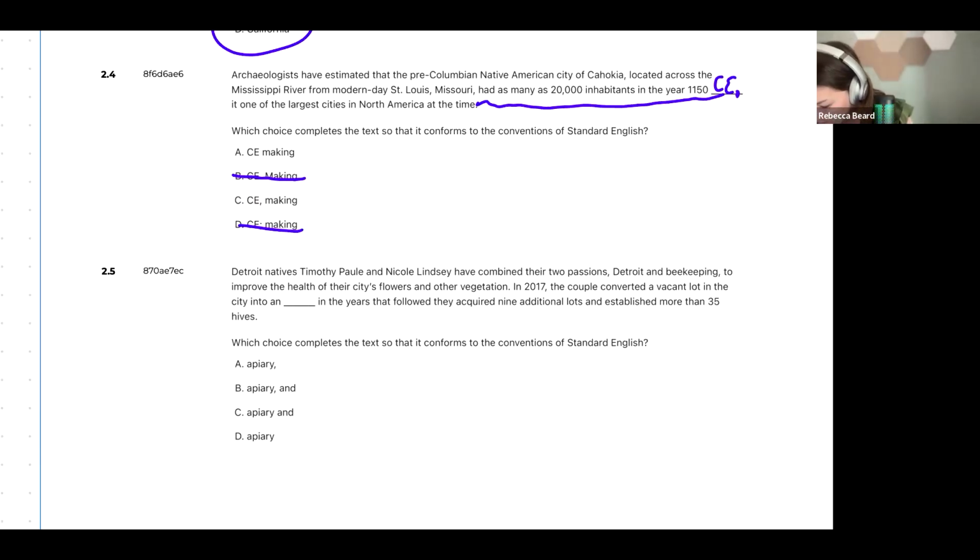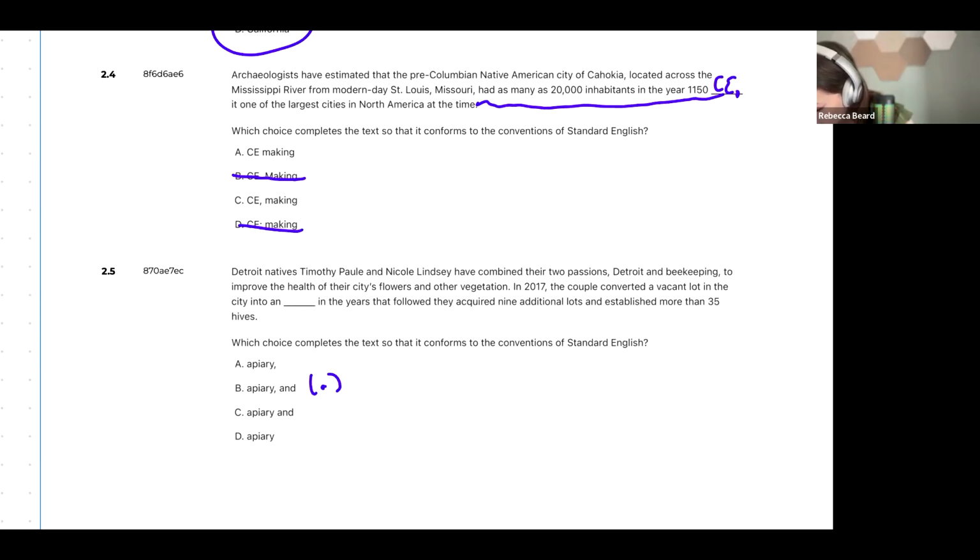And then on 2.5, let's go ahead and do this one. So this one, I have a comma and, which we remember is just like a period. And then I've got a comma, a regular and, and just a plain word. So if we look through, in 2017, the couple converted a vacant lot in the city into a garden. In the years that followed, they acquired 9 additional lots.